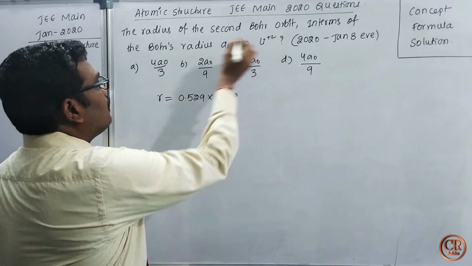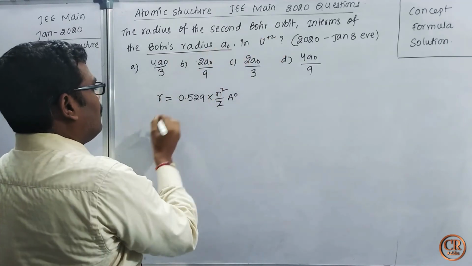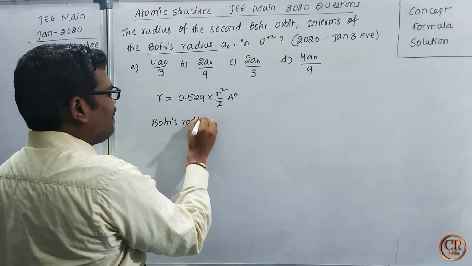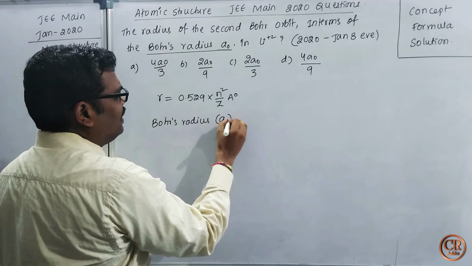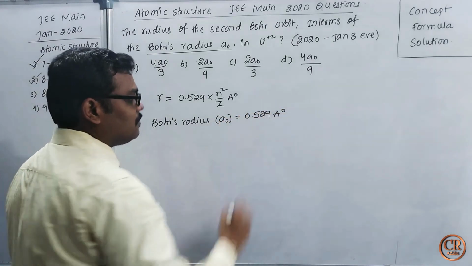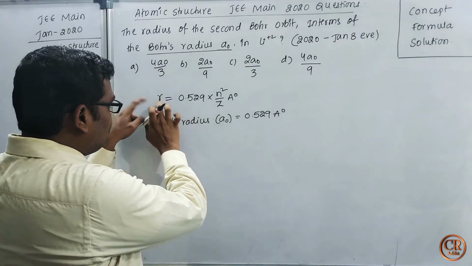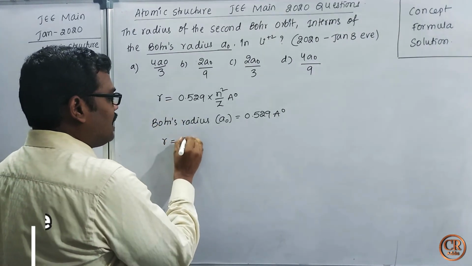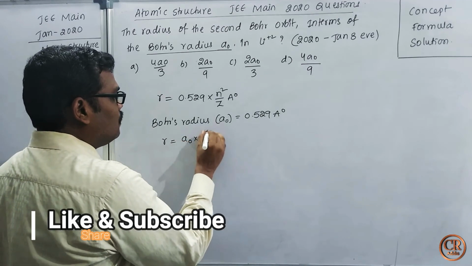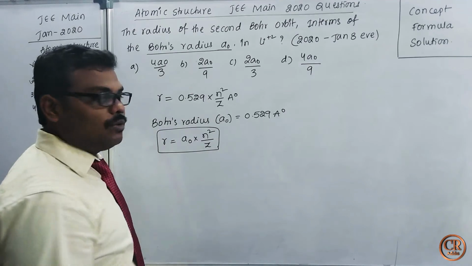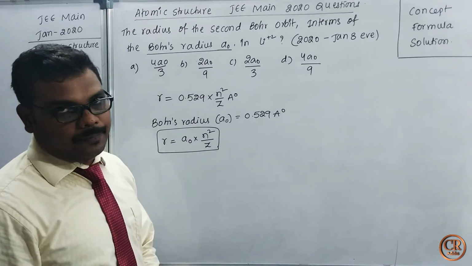Here Bohr's radius is represented as A0. Its value is 0.529 angstroms. If you write this radius formula in terms of Bohr's radius, that is A0 into n square by Z. This is the suitable formula to solve this problem.